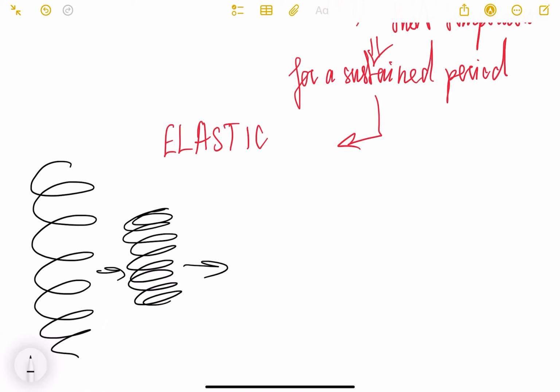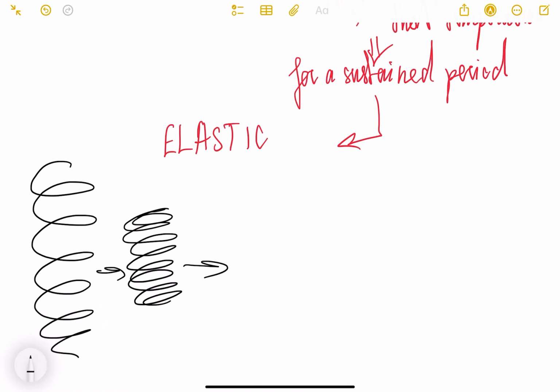Okay, and basically the spring is elastic, able to return to its original shape, but the spring is made of wire, and the wire is a very ductile material. Ductile means able to be stretched longer, and wire is plastically deformed.